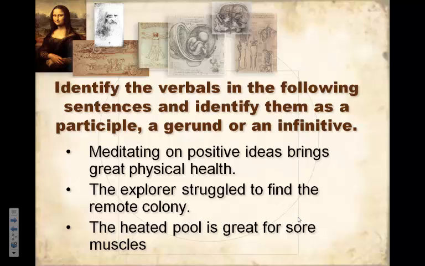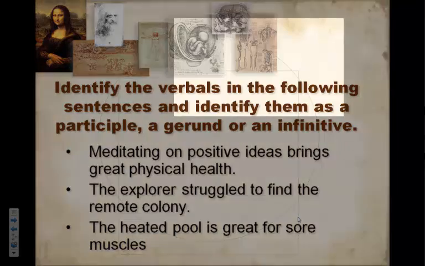Okay, so meditating on positive ideas brings great physical health. The explorers struggled to find the remote colony, and the heated pool is great for sore muscles. So you need to pause the video and see if you can figure these out. And then when you're ready, press play.